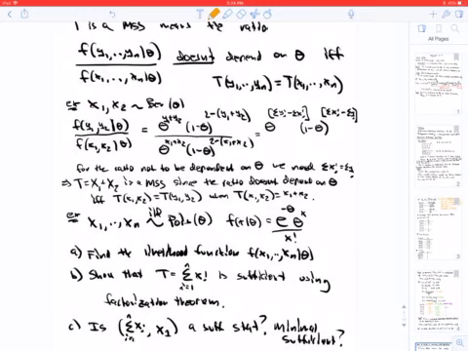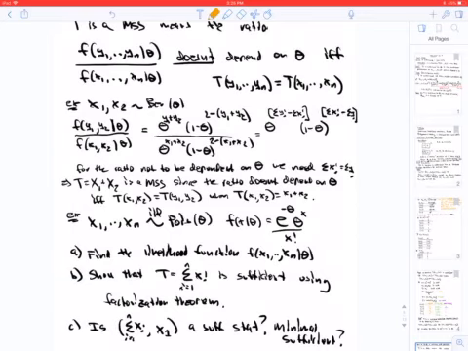Okay, so here's an example. So x1 and x2 are Bernoulli. So I wrote down here what the ratio is, and I'm just staring at it. I'm like, so how can I get rid of theta here? Well, the only way I can get rid of theta is if the exponent for theta is 0. And for that to happen, I need the sum of the yi's to be equal to the sum of the xi's.